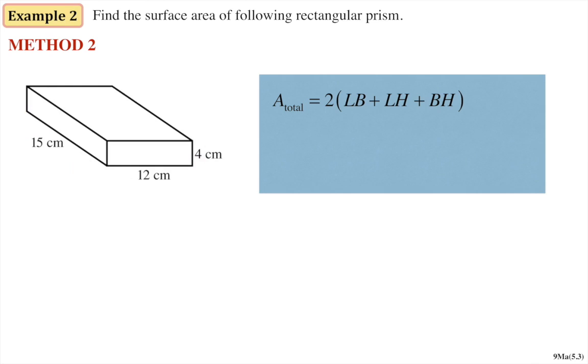Just call one of them L, one of them B, and one of them H. And in this case, I've said let L be 15, B be 12, and H be 4. And really it doesn't matter. You just effectively do 2 lots of 15 times 12 plus 12 times 4 plus 4 times 15. Doesn't really matter about the order as long as you multiply those together. Put it into the calculator. There is your answer. Much faster than method 1.